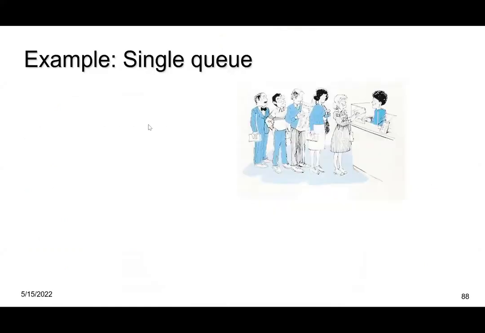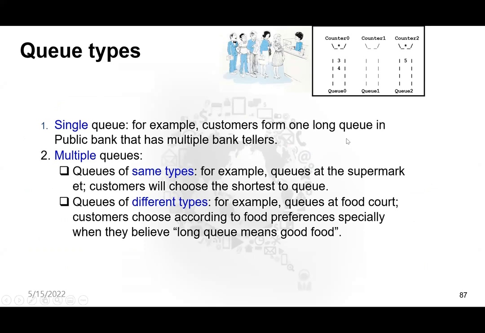For example, customers form a long queue in a bank that has multiple bank tellers, which are counters. The diagram here shows every counter having its own queue. But usually in a bank, you go inside, you take a ticket and then you wait, right? All of us are waiting in the same queue, and there are multiple counters. So you wait for a number to be called. So this is a single queue only.